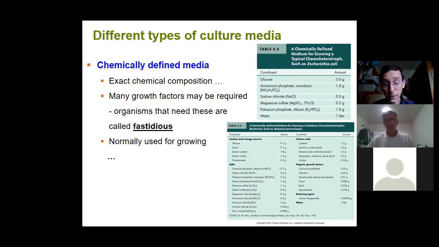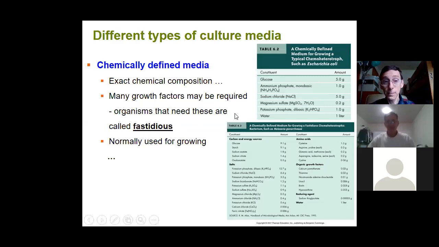Streptococcus pylori won't grow in that. E. coli would, but Streptococcus pylori would not, because it requires a lot of growth factors. What you can do is add red blood cells, and whatever growth factors Streptococcus pylori requires, the red blood cells supply them.